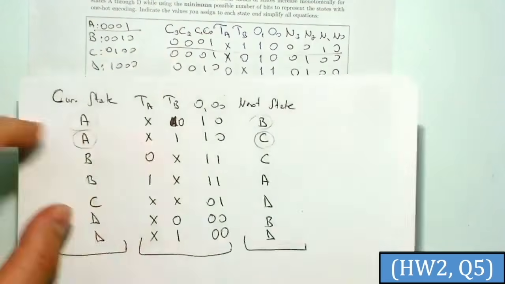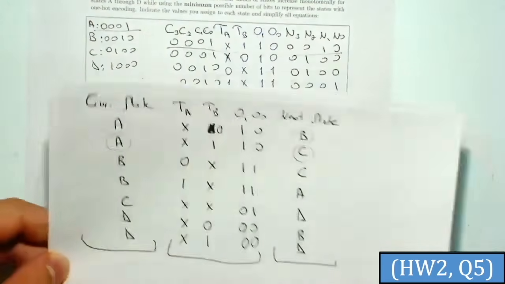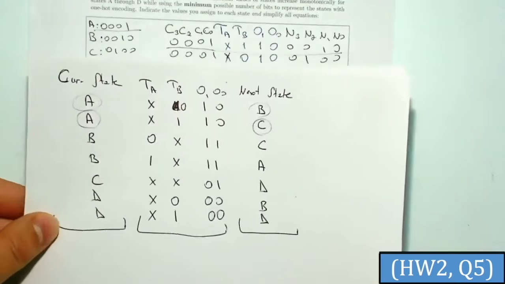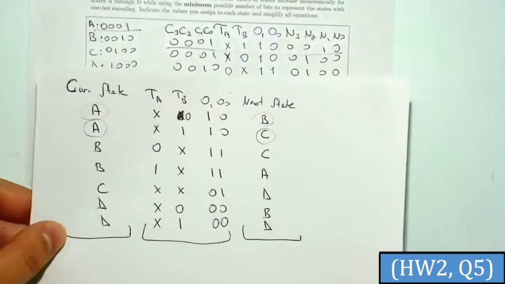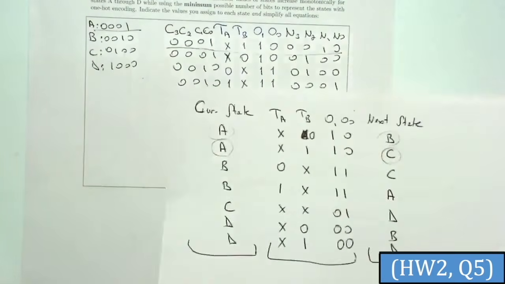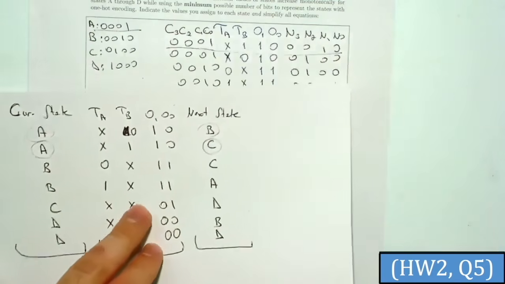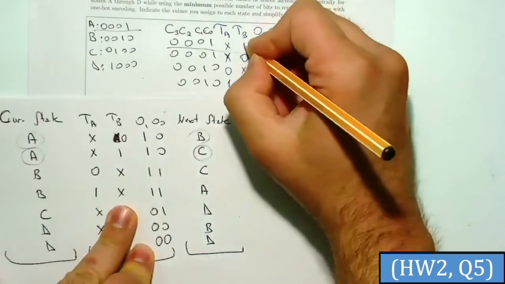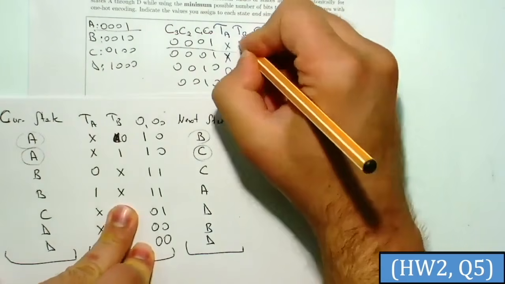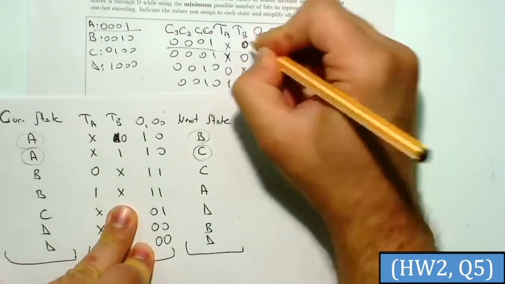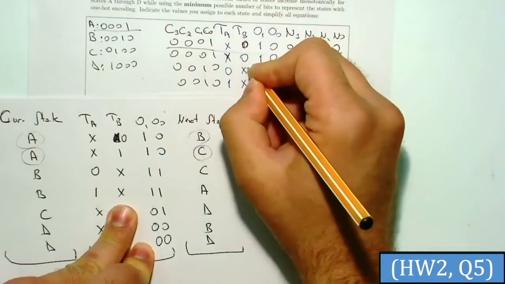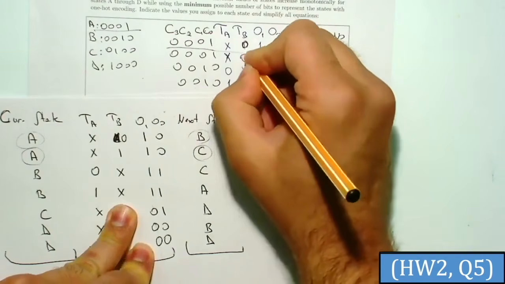If you compare the two lines, TA and TB, on the reference list you have X 0, X 1. Oh yeah, you're right. So this will be 0, right? Yeah. And this will be 1, I guess.